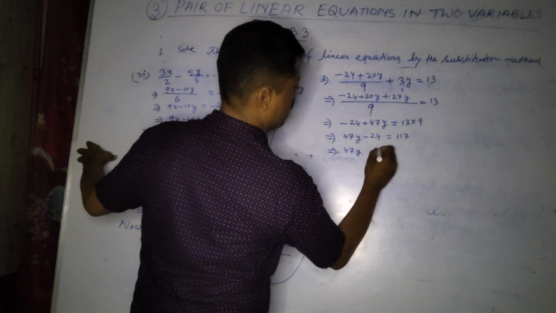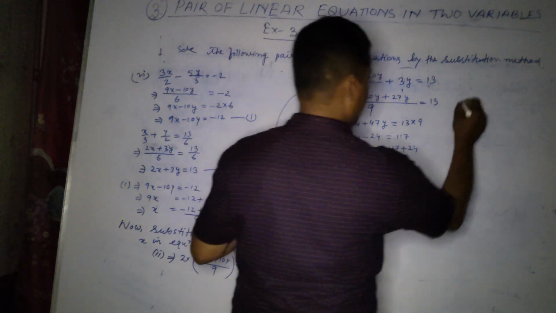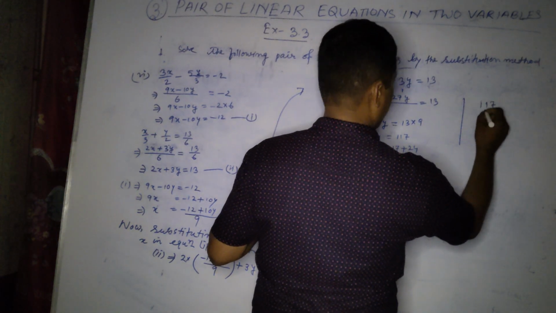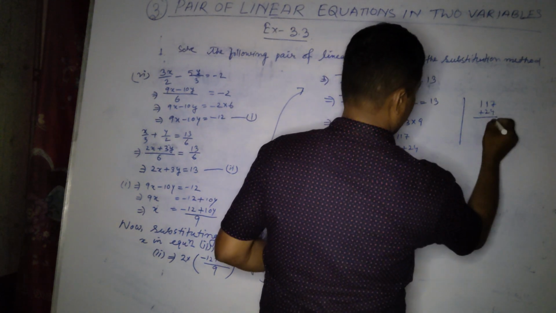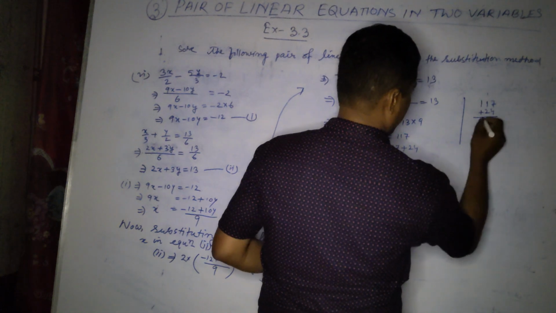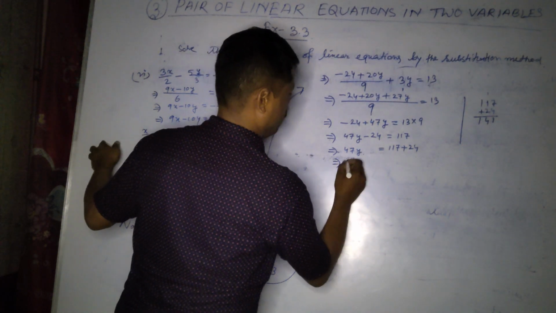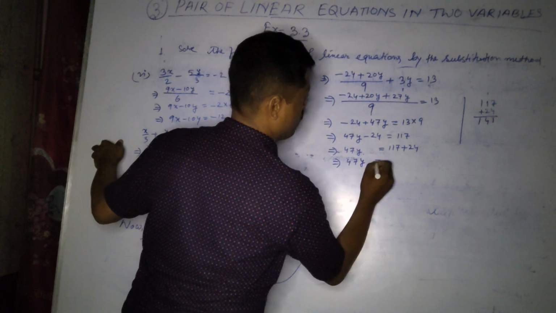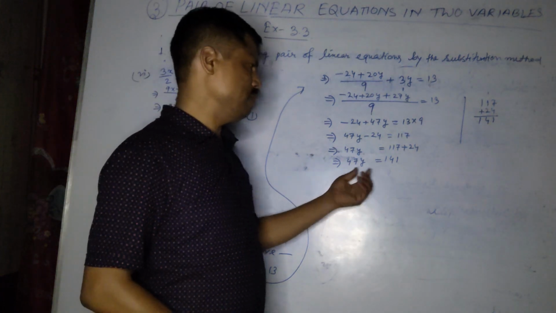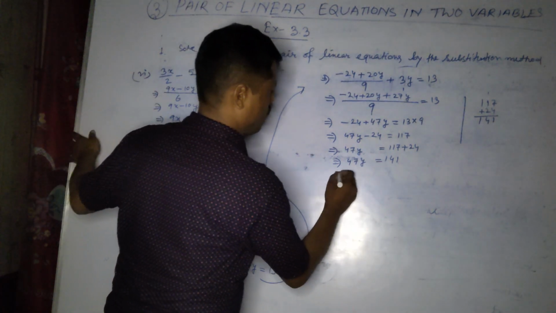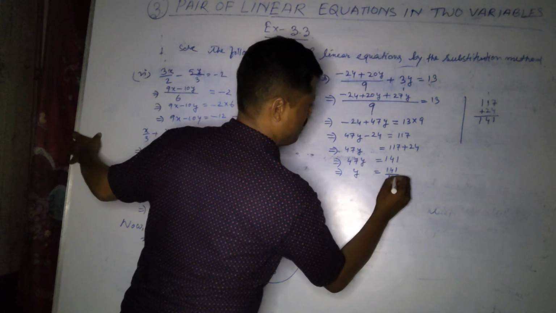Now 47y is equal to 117 plus 24, then what will we get here? So 117 plus 24: 7 plus 4, that is 11, 1 in hand, then there will be 4 and 1. So 47y is equal to 141. So 141 divided by 47.